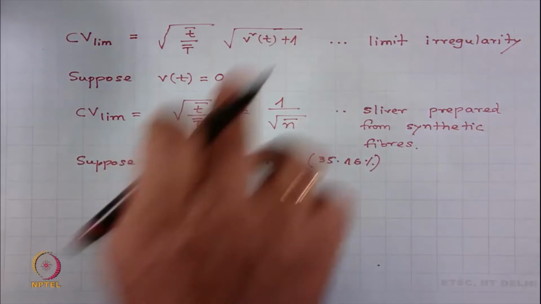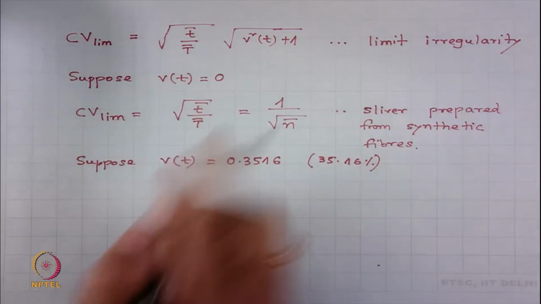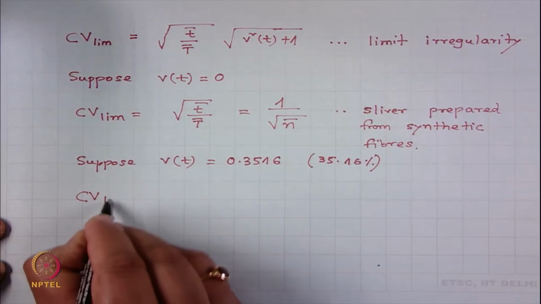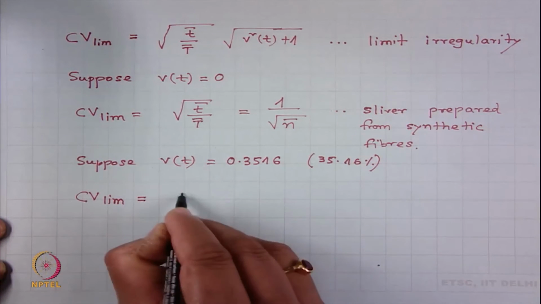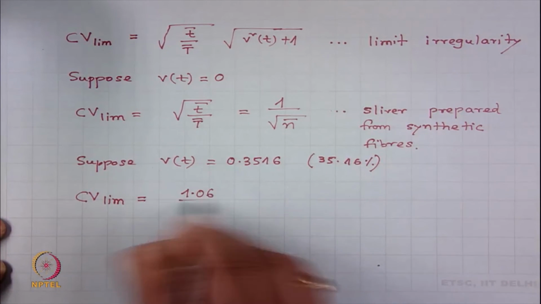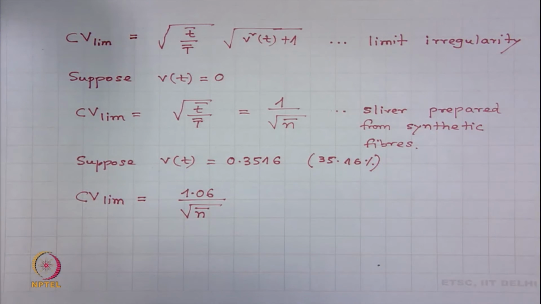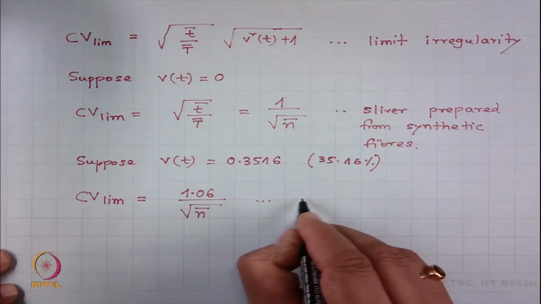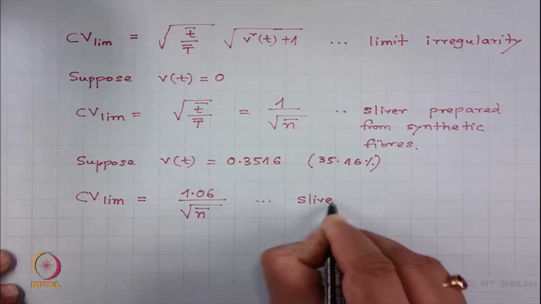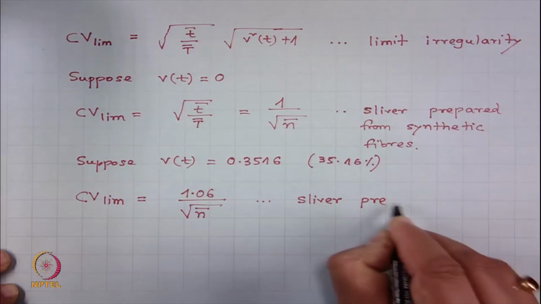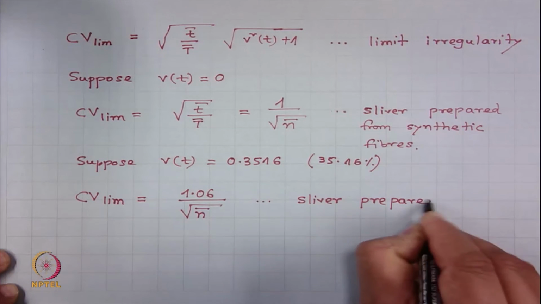If you substitute this value here, then you will find CV limit is equal to 1.06 by this. Often said, this is the limit irregularity of sliver prepared from cotton fibers.